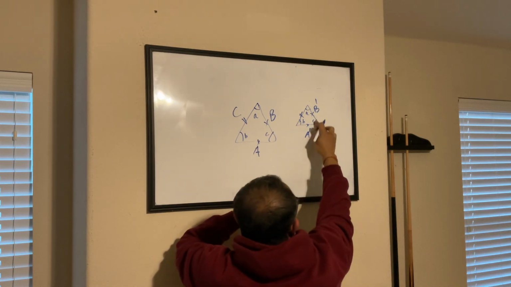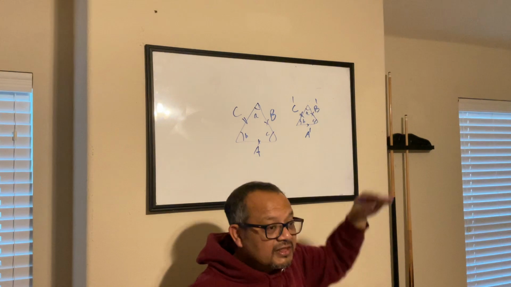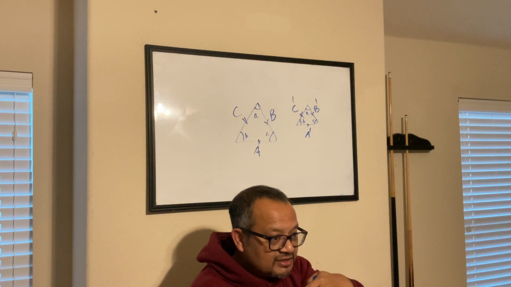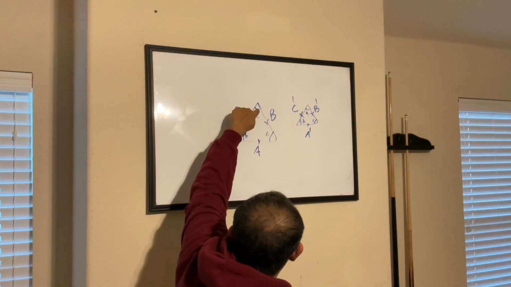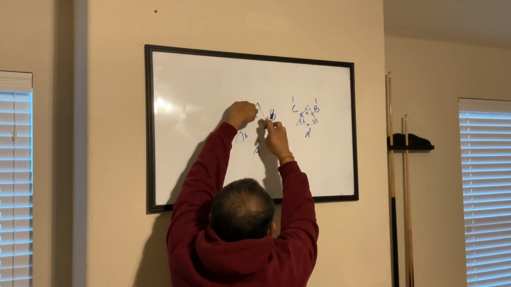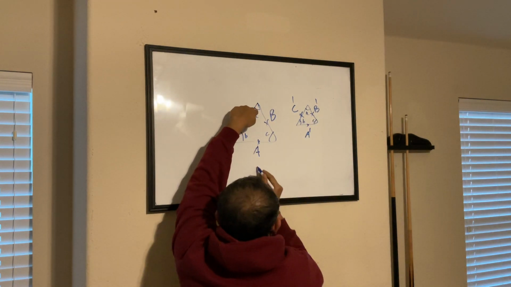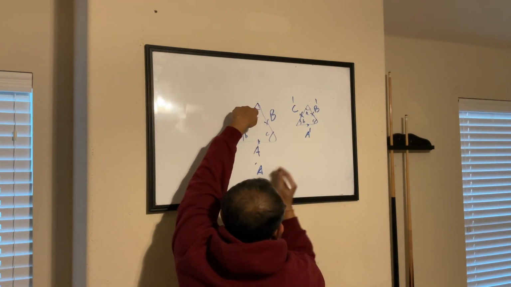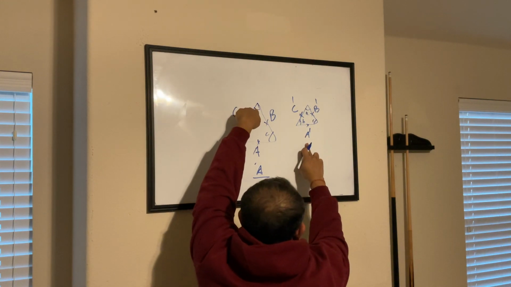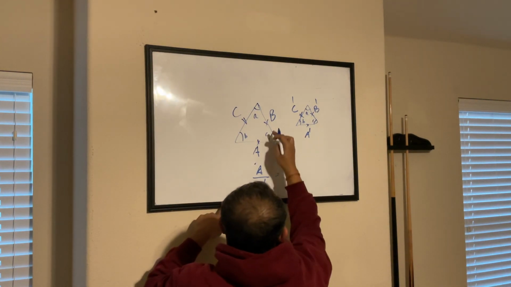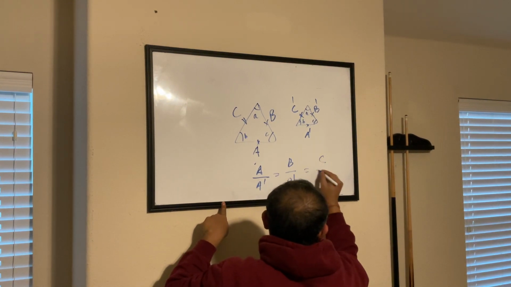This is C, the side opposite to that is C1. So when you have two similar triangles, the ratios of the sides are equal. What does it mean? If you look at angle A here and angle A here, the side opposite to that, A, and here the same angle's opposite side, A1, A by A1 will be equal to B by B1, will be equal to C by C1.